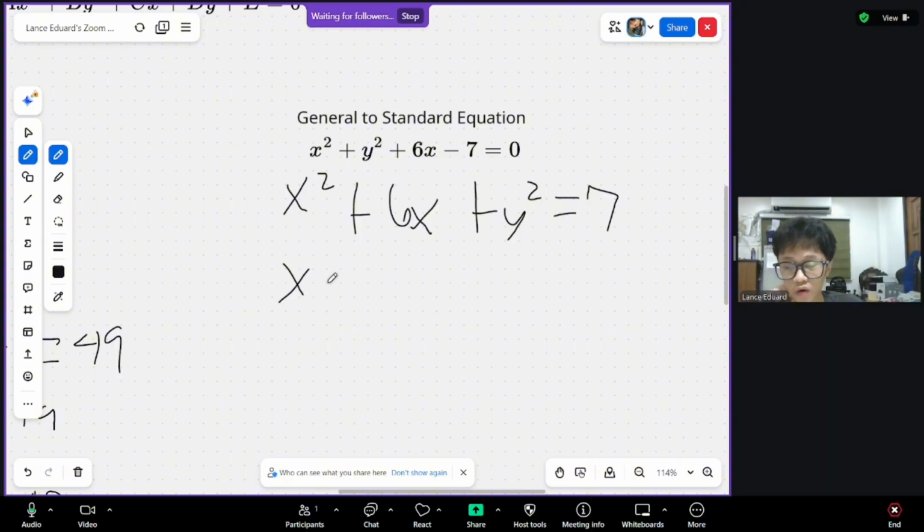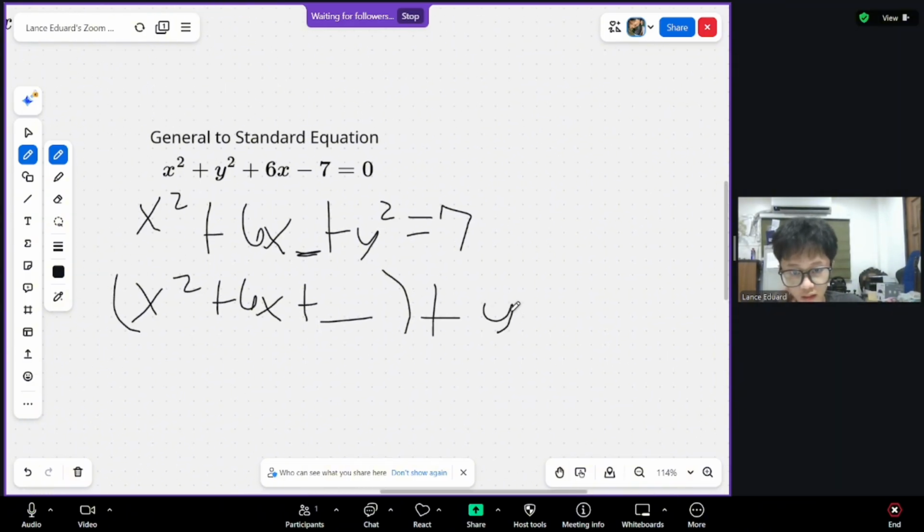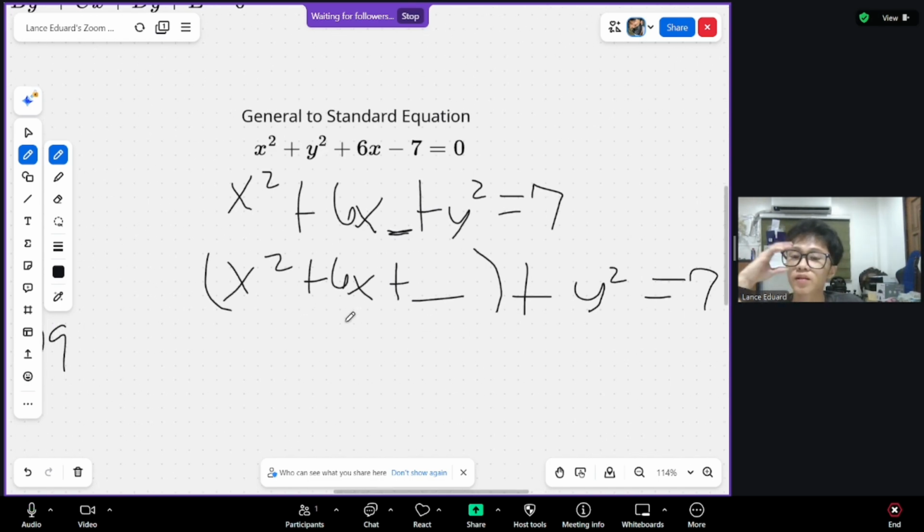So the next step is we're going to be finding the missing variable here. And x squared plus 6x plus blank plus y squared equals 7. The first step we'll be doing is, since it's divisible by 2, we'll be dividing it by 2. So 6 divided by 2 is 3.